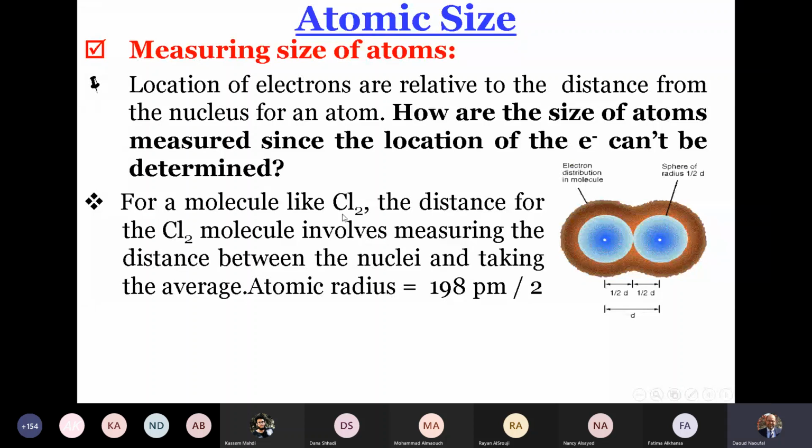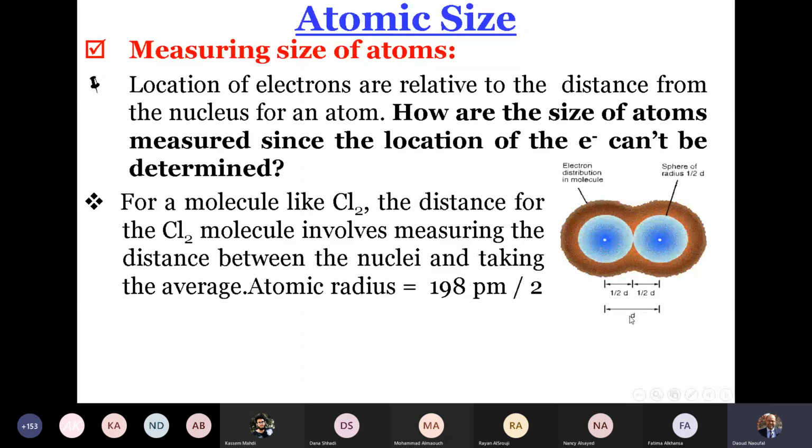For a molecule like Cl2, of the X2 type, we can measure experimentally by the X-ray diffraction method the distance between the two nuclei. So this is the distance d.